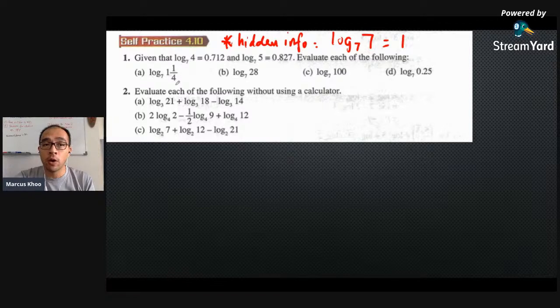1 over 4. What I need to do is change this number so that I can use 5, 4 or 7 to produce this number. For example, log 7, 1 over 4 equals log 7, 5 over 4. I change 1 over 4 to become 5 over 4.